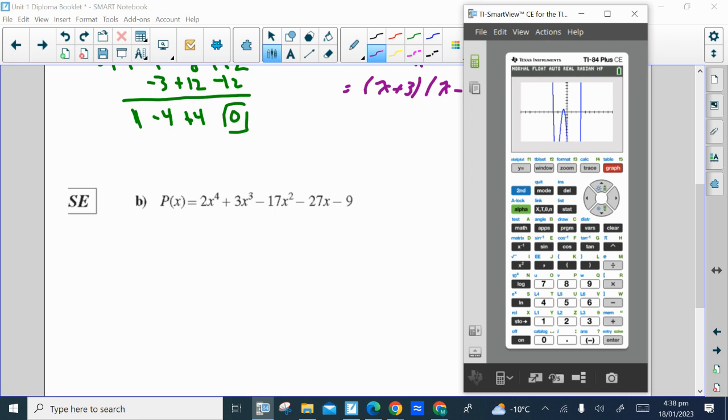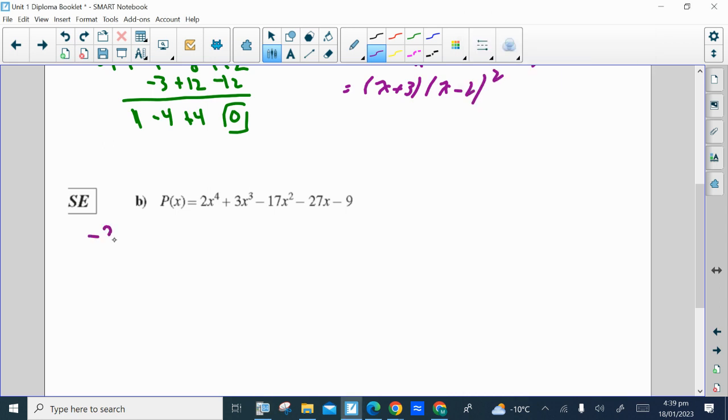Once again, it looks like negative 3 is an x-intercept. And it is, because at that point y equals 0. Negative 3 is an x-intercept.